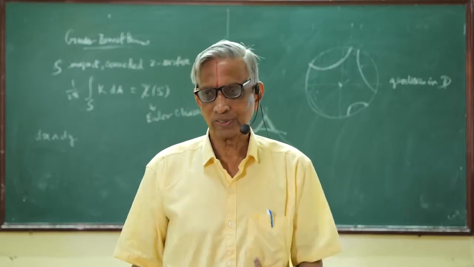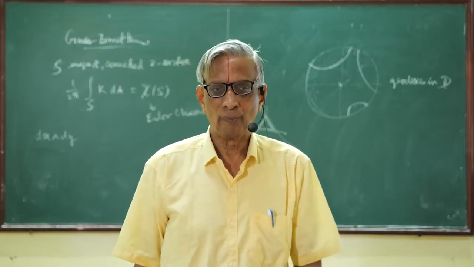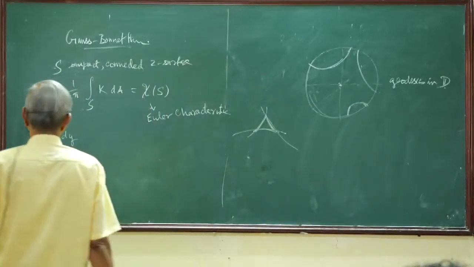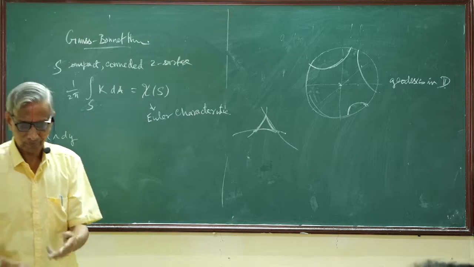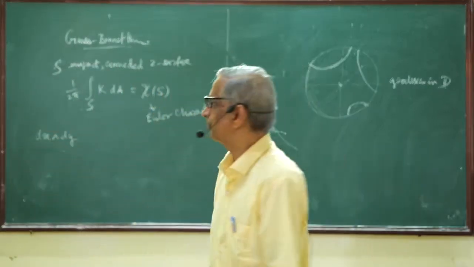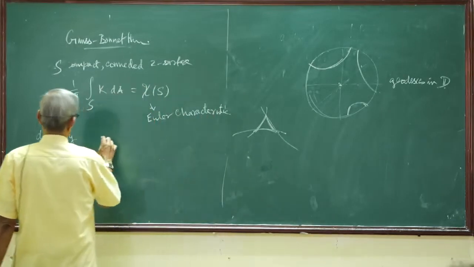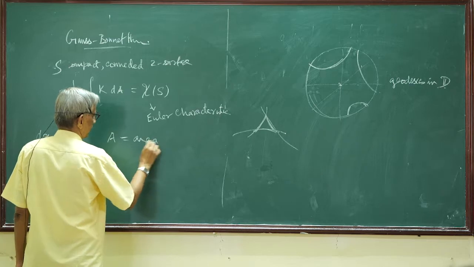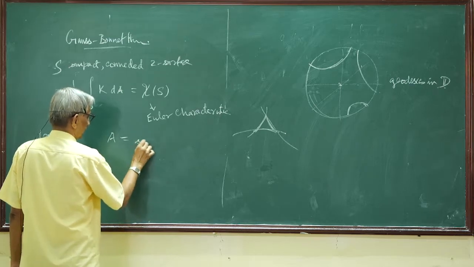It's actually what is called a differential 2-form, a volume form. In dimension 2, volume is area, so it is the area form. A is the surface area form if you want.